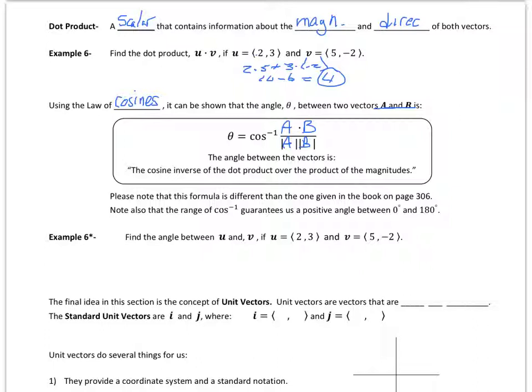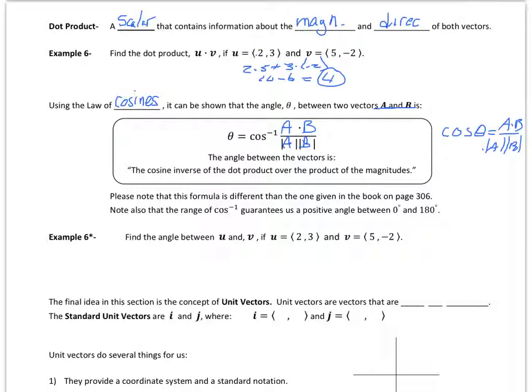Now a little note down here: if you had books, which you don't, this is different than the one given in the book. In the book, they just don't take the arc cosine. So the one in the book looks like this: the cosine of theta equals a dot b over the magnitude of a times the magnitude of b.